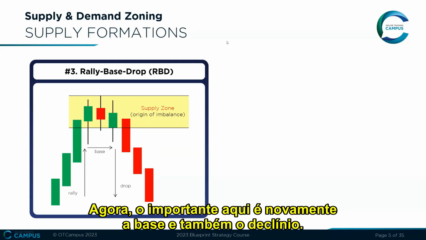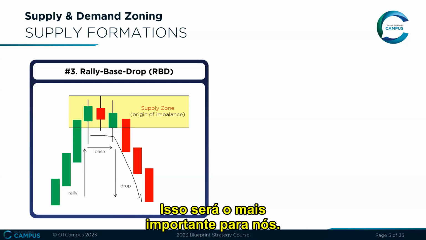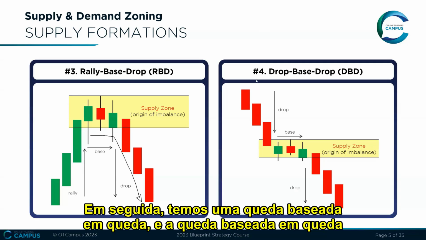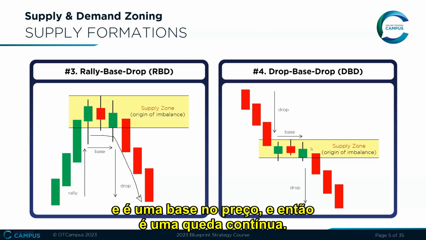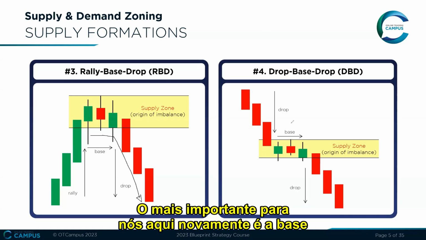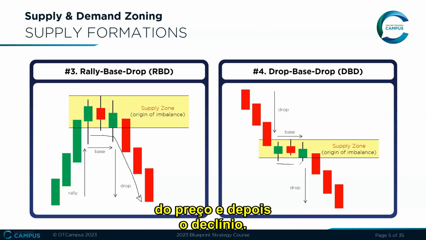Now, important here is again the base as well as the decline. That will be the most important for us. Next, we have a drop-based drop, and the drop-based drop is also, as the name suggests, a drop, and a base in price, and then it's a continued drop. What's most important for us here again is the base of price and then the decline.